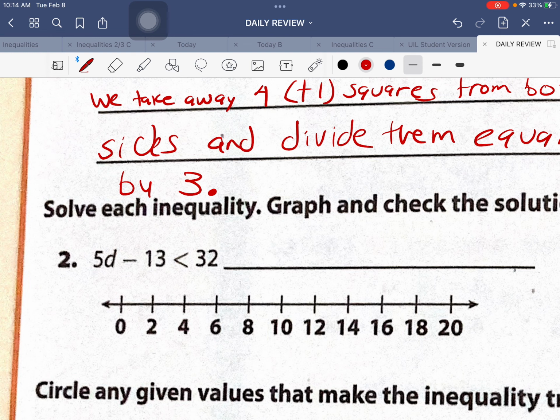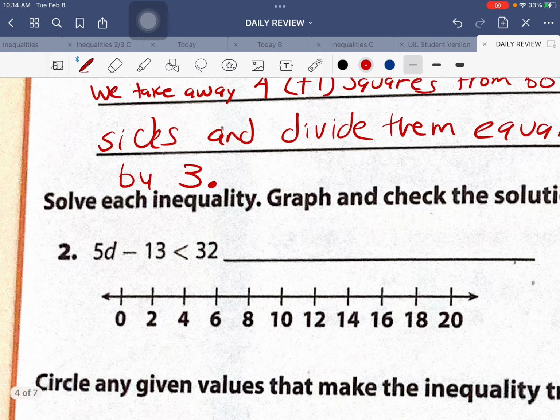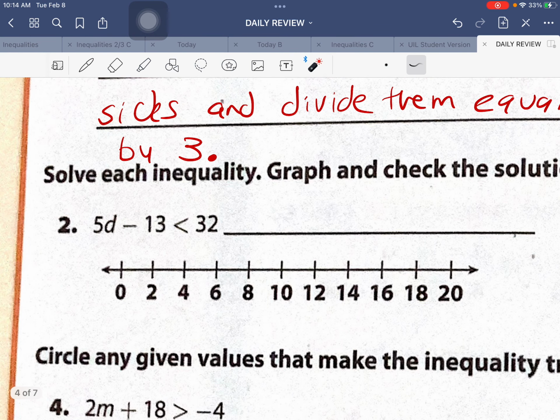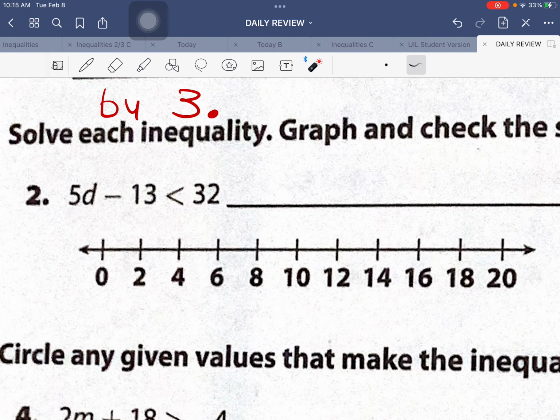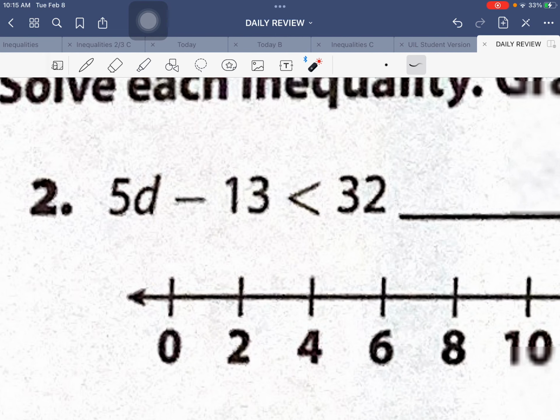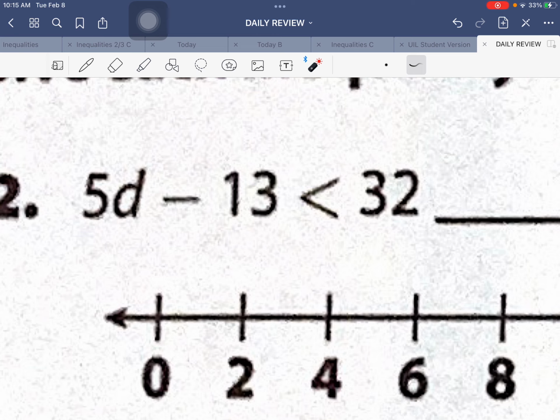The main plate, the main dish, whatever you're going to call it, is this right here, what we have right here. Now, what do we do, guys, first? What do we do first? Caden? I'm sorry? Add?